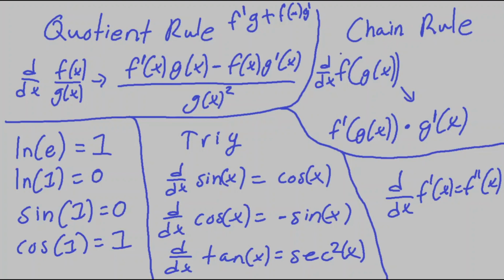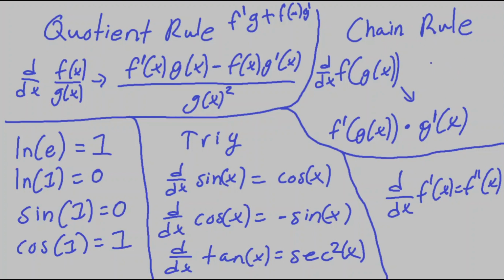And now we have one of the most popular rules of deriving, which is the chain rule. So let's say you have the derivative of f of g of x. In order to find the derivative of that, you would have to get f prime of g of x and then multiply it by the derivative of g of x.